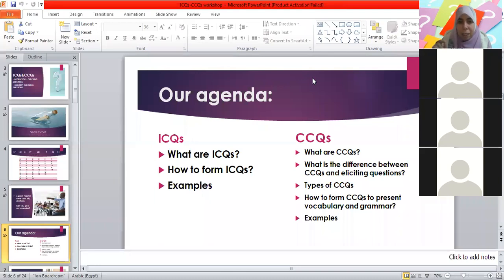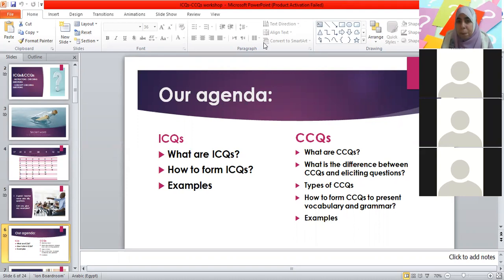But here I'd like to ask just a last question. Do I have to ask CCQs with each item of vocabulary? For example, I teach the word book, the word chair, the word table. So do I, as a teacher, have to ask CCQs?